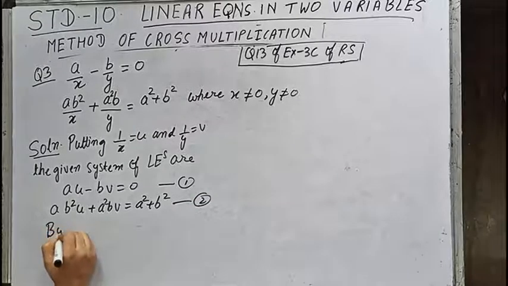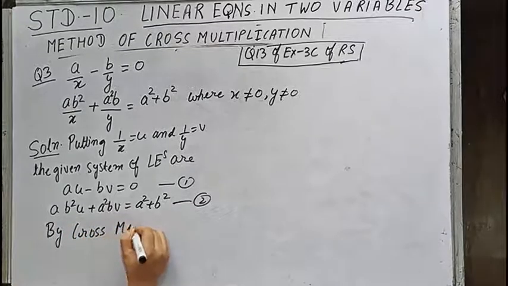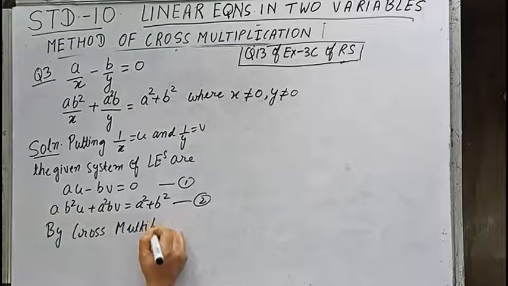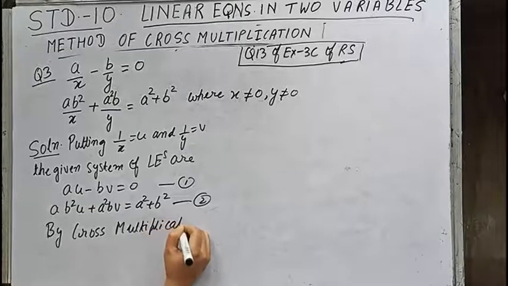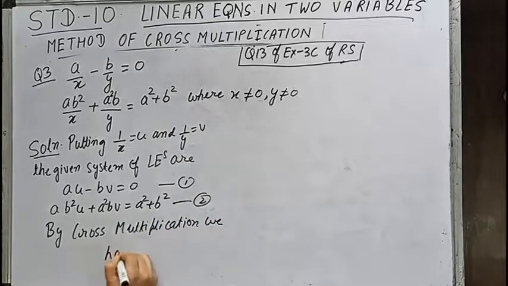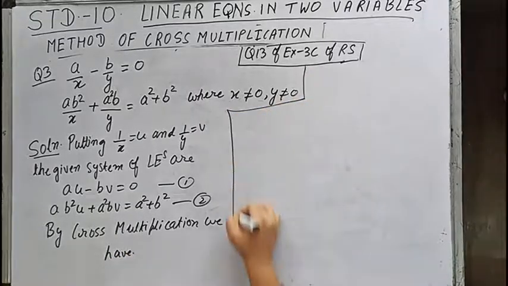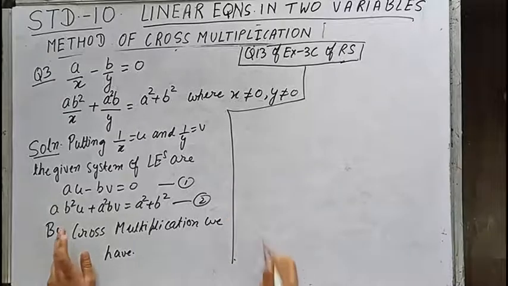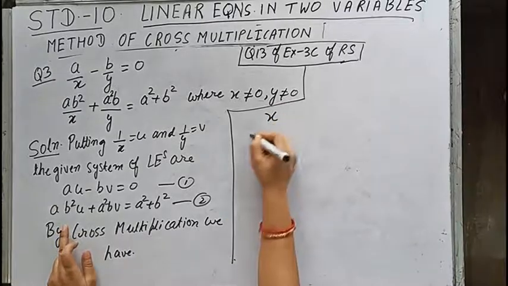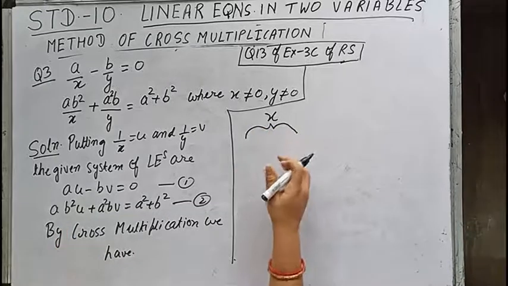Now by cross multiplication, we have, let us write the formula or the diagram of the cross multiplication. We have u and like this arrow, I mean the sign.